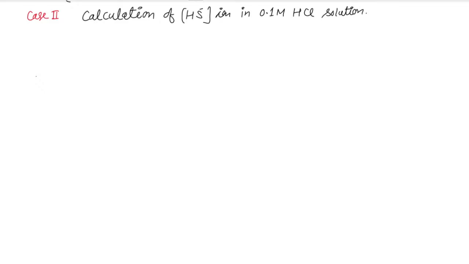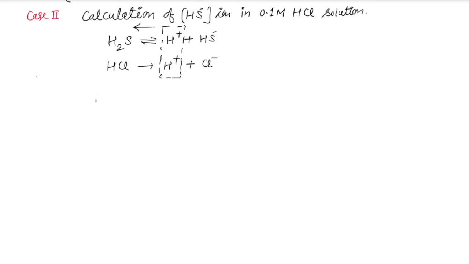Again start with H2S giving H plus and HS negative. HCl is giving H plus and Cl negative ion. There is a common ion effect. So due to the common ion effect, equilibrium shifts backward, and that's why the dissociation of H2S is further suppressed.